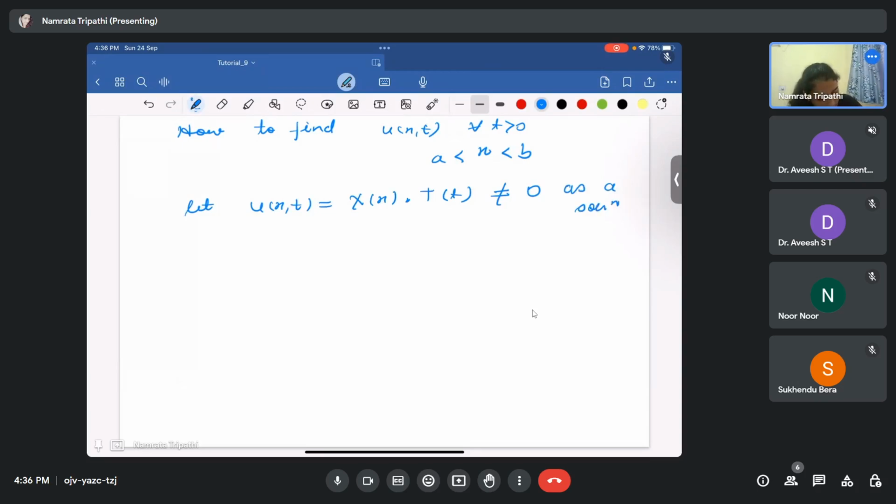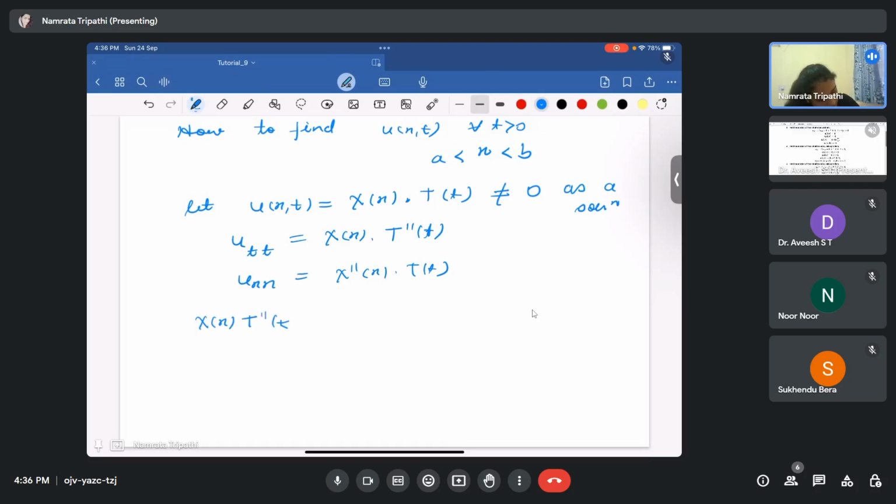Now you can calculate the value of u_tt, which will give X(x)T''(t), and another one is u_xx. After substituting in the wave equation, you will get the expression like this.